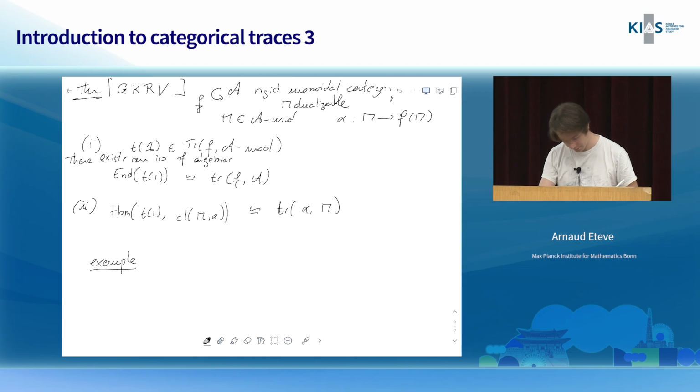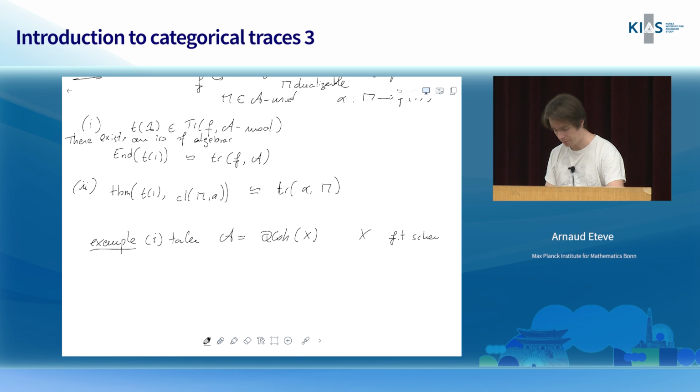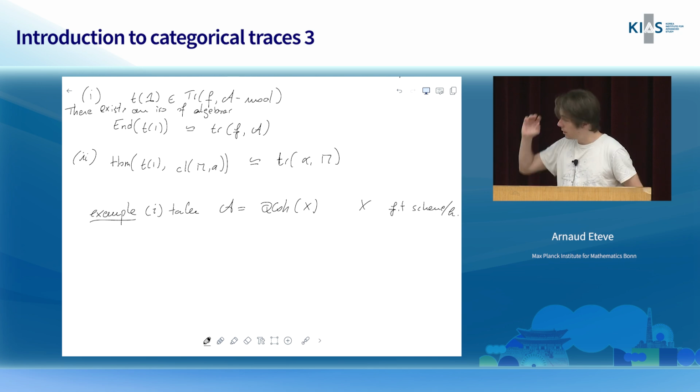We can take A to be QCoh on X, for X a finite type scheme over K. So now let's kind of recall what we said before.